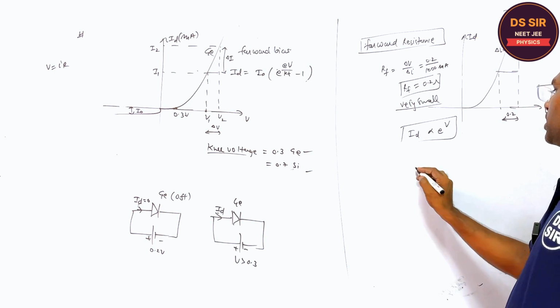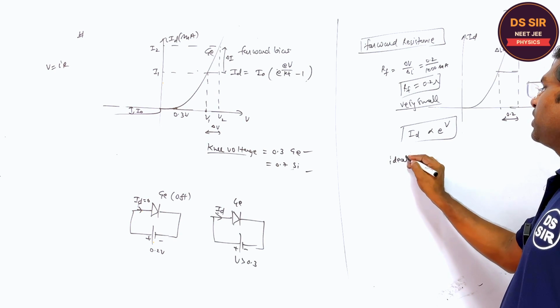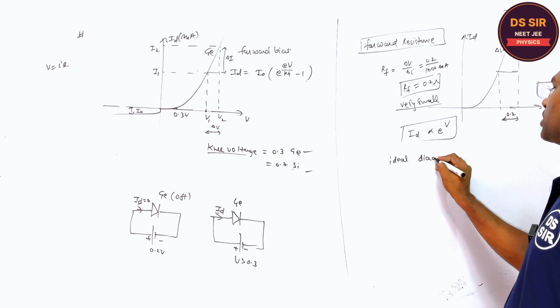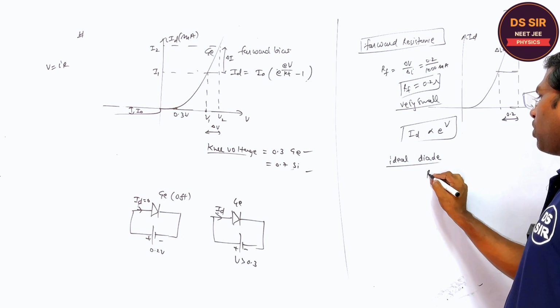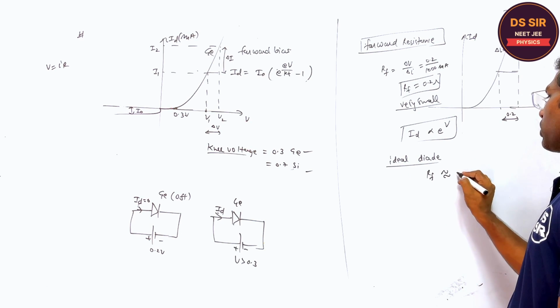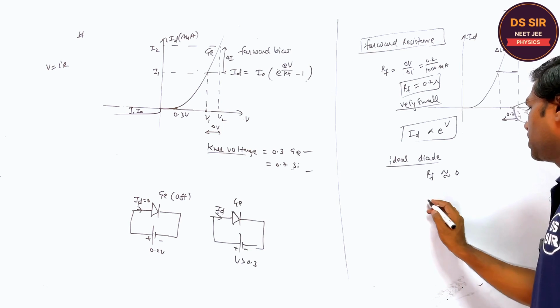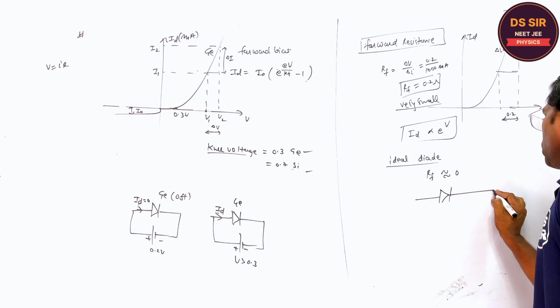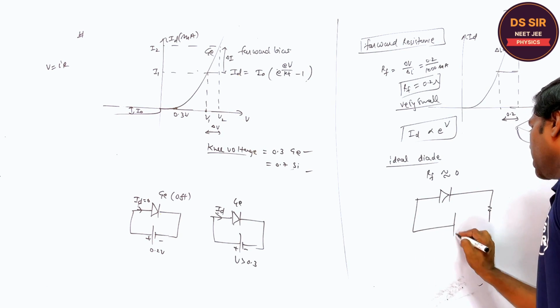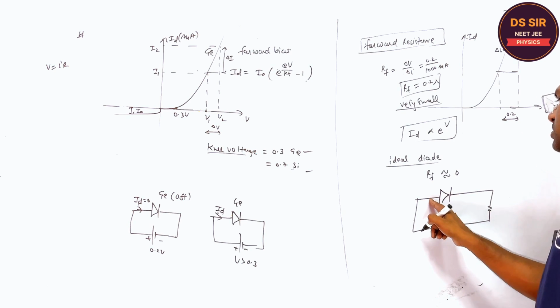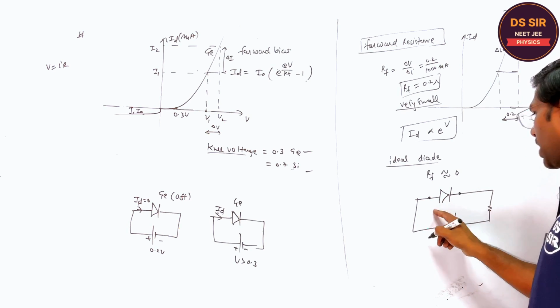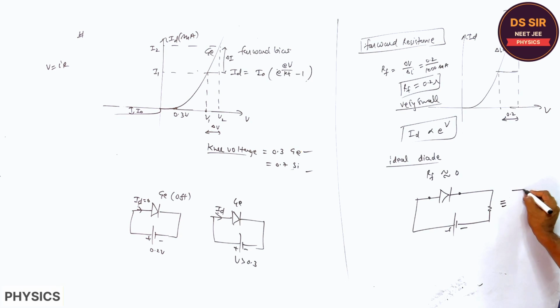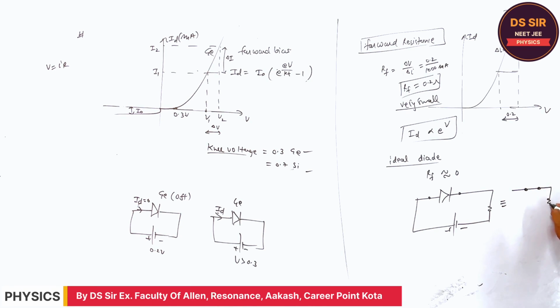Ideally, if we consider an ideal diode, the forward resistance is approximately 0. What does it mean? If this is the diode and this is a resistance, and it is forward biased, then for the ideal diode, zero resistance is produced in the circuit.